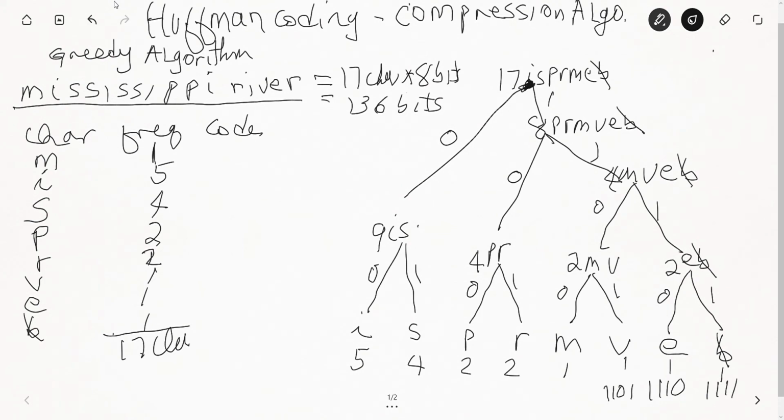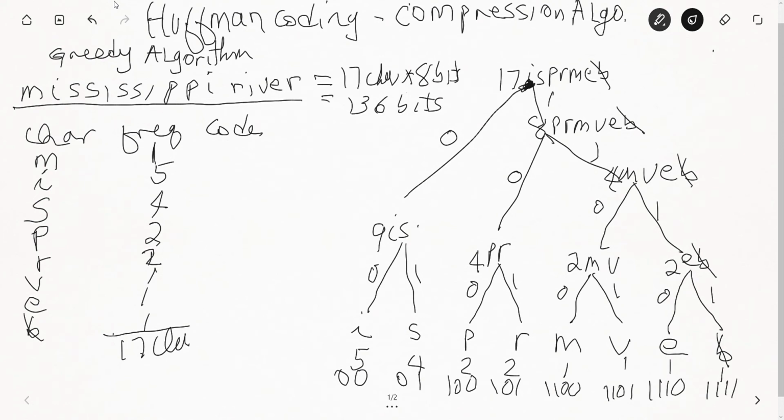M should be 1, 1, 0, 0. R is going to be 1, 0, 1. How about P? 1, 0, 0. And then S is 0, 1. And I is 0, 0. So as you can see, the ones with the most frequency have fewer bits, and less frequency are represented using more bits.